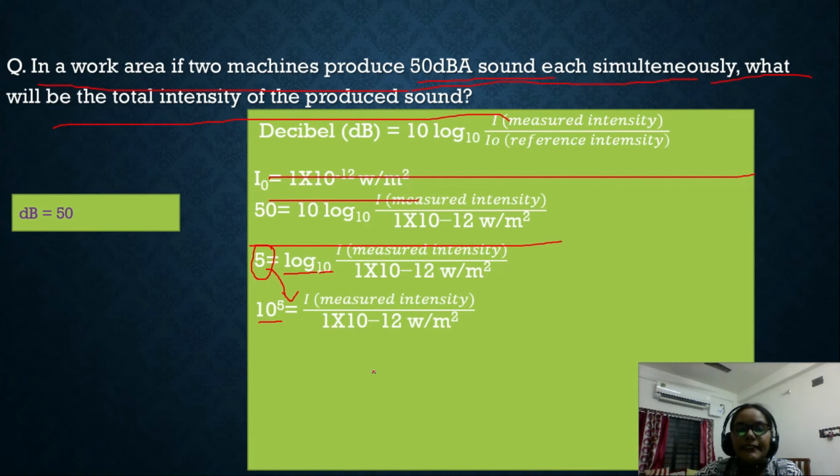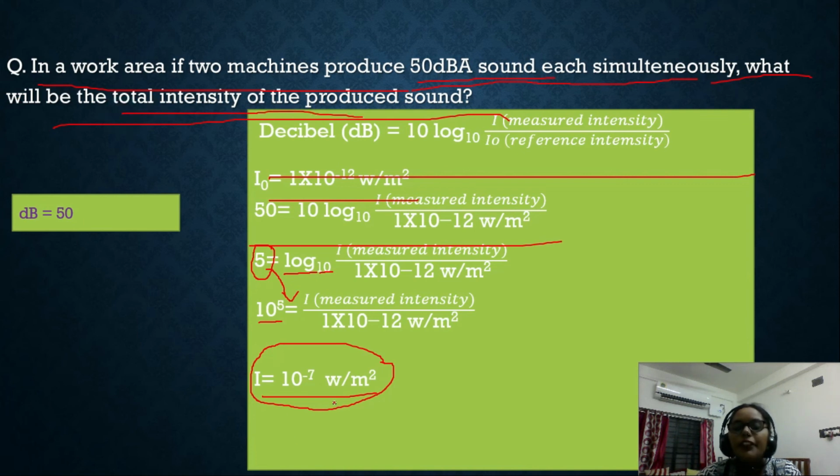So next, I equals 10 to the power minus 7 watt per meter square. This intensity is produced by only one machine. Now here we have to calculate the total intensity.